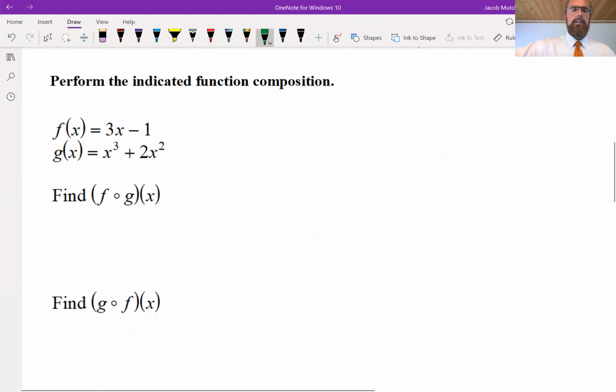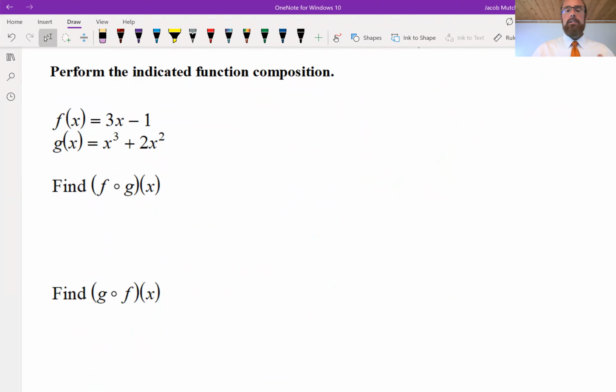So here I've got, again, two functions. F of x, again, is linear, no change there. G of x is a polynomial, x cubed plus 2x squared. So our first direction is the same. I want to calculate f of g of x. To help visualize that, again, I'm going to record it in this alternative method.